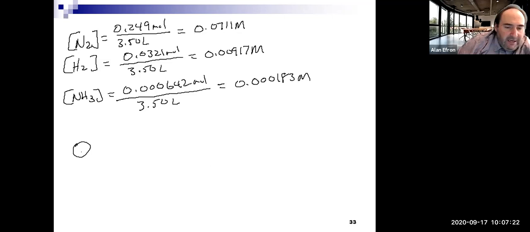So Q would equal NH3 squared over our N2 and our H2 cubed. So we want to put these in the right spots.